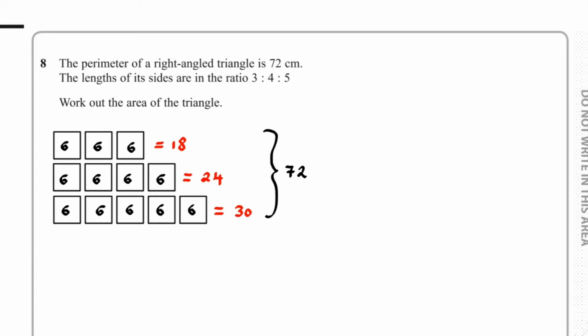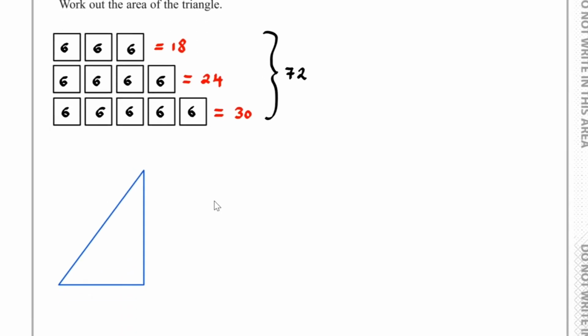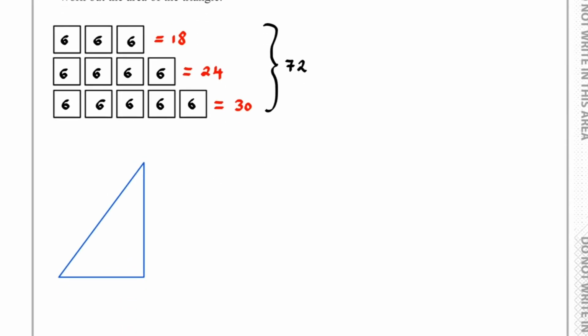Now we are told we have a right-angled triangle, so we have a 3-4-5 triangle. Its lengths have been scaled up to 18, 24, and 30.